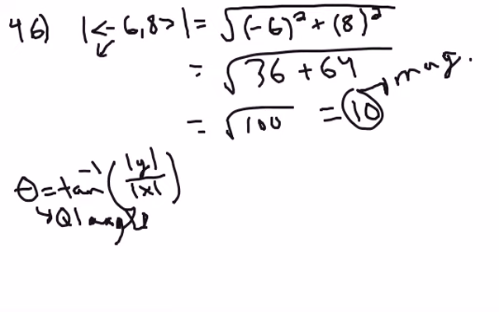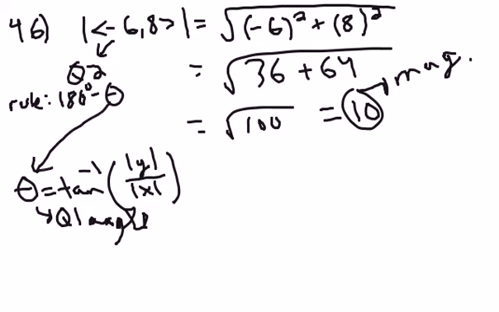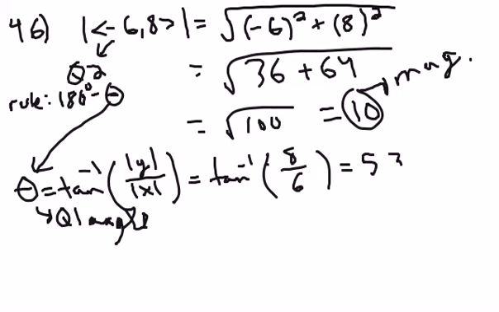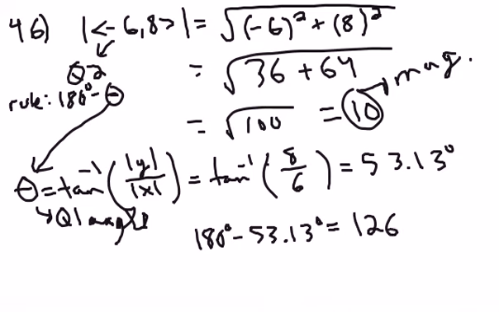This is actually quadrant 2, so the rule is 180 degrees minus theta, where theta is right here. So I'm going to say tangent inverse of 8 over 6, making both of them positive. If you put that in the calculator, you get 53.13, which is a quadrant 1 angle, but we are in quadrant 2. So now I do 180 degrees minus 53.13 degrees, which is 126.9 degrees. So there's my direction.